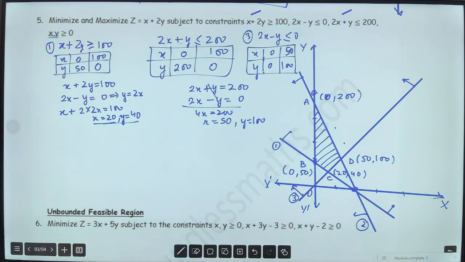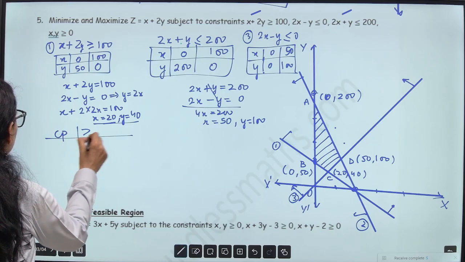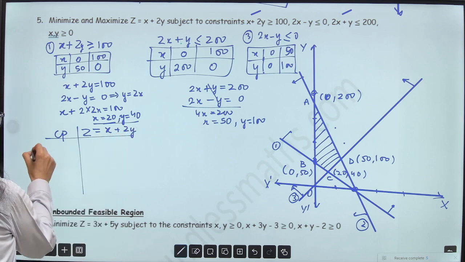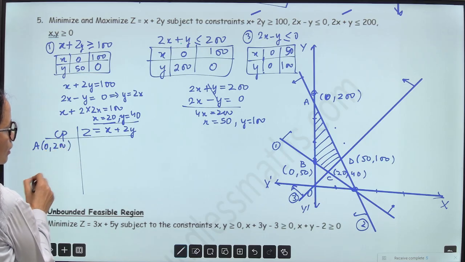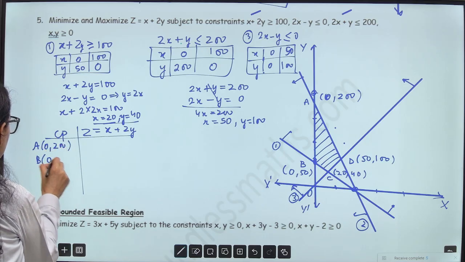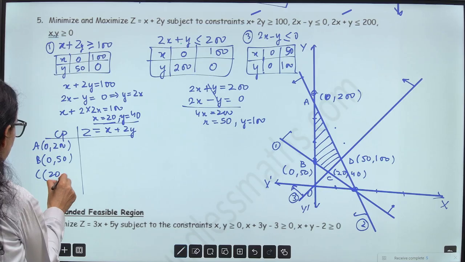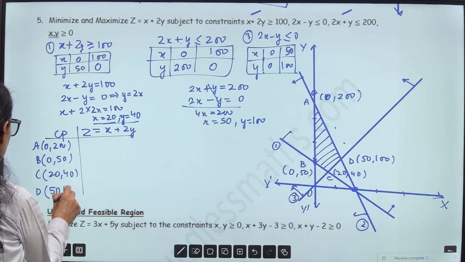So here, when we have to minimize as well as maximize, let's find the value of the objective function at all these corner points. So z is x plus 2y. The points are A: 0, 200, then B is 0, 50, then C is 20, 40, and then we have D as 50, 100.